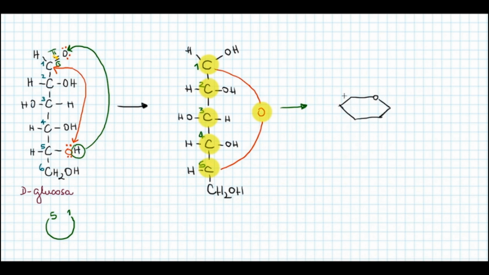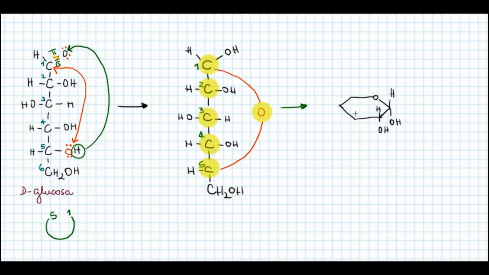To go from the linear structure to the hexagonal structure, all the OH groups that are on the right in the open chain structure are represented downwards in the closed or cyclic chain structure, and all the OH groups that are on the left are facing up. Therefore carbon 1 is going to have a hydroxyl group down, because here it is on the right, and a hydrogen atom up. Carbon 2 is also going to have an OH down and a hydrogen up.